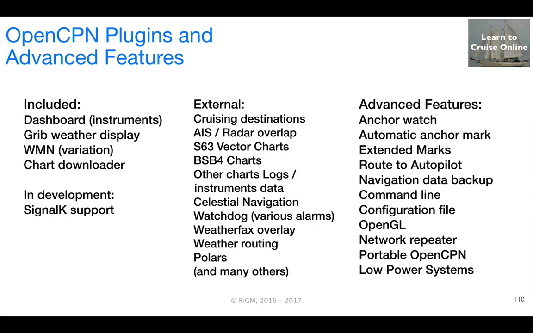The plugins include a wide variety of instruments. They include lots of functionality that you would want on your boat, AIS, radar, celestial navigation functionality, weatherfax overlay, and so on, and many, many other advanced features.